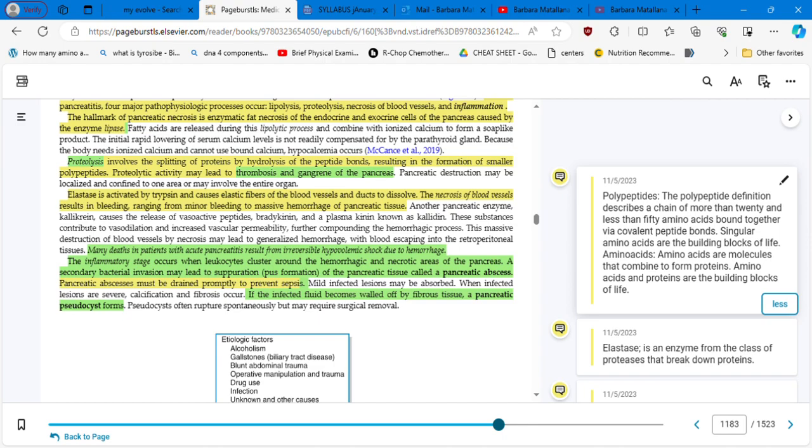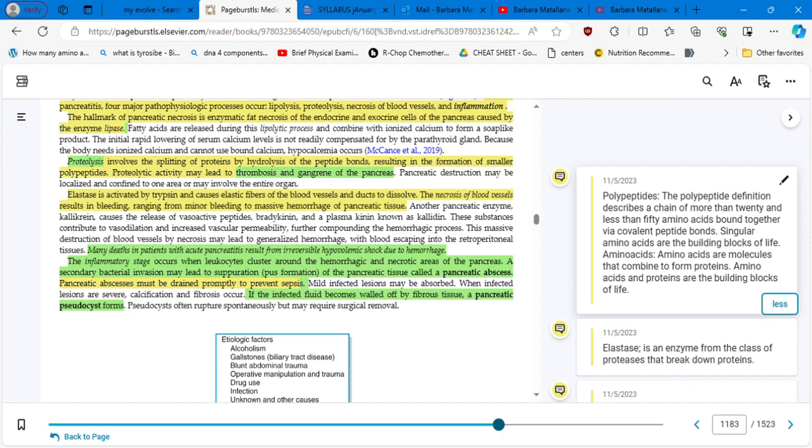Dr. Matalana, what are polypeptides? A polypeptide describes a chain of more than 20 and less than 50 amino acids bound together via covalent peptide bonds. Singular amino acids are the building blocks of life. You have to think about amino acids as the blocks of life.